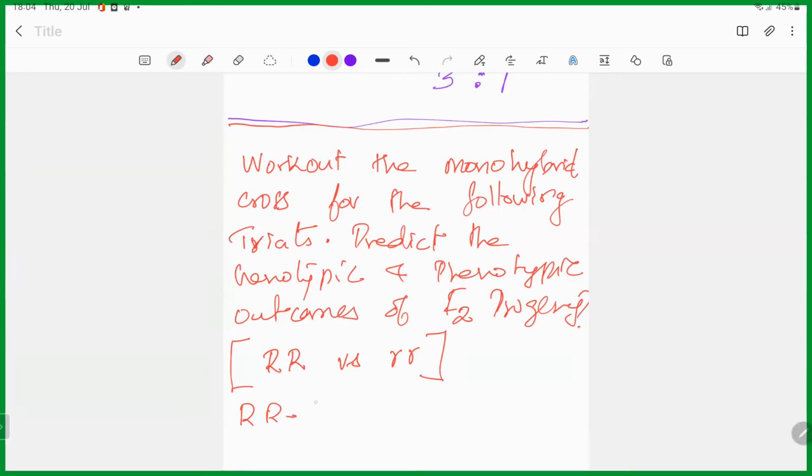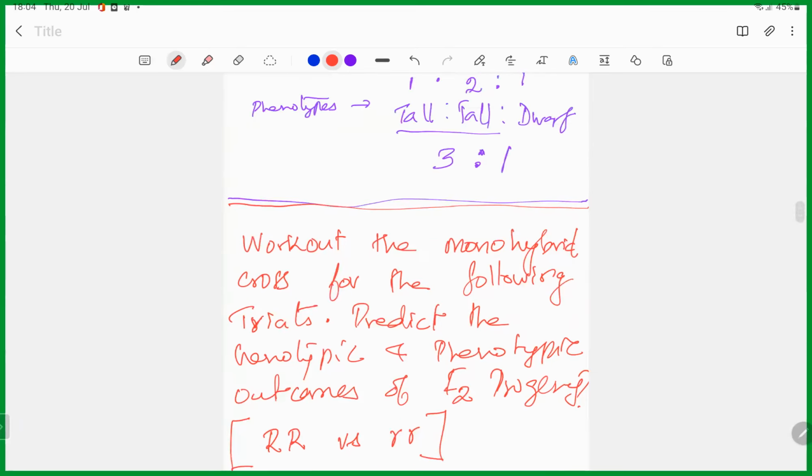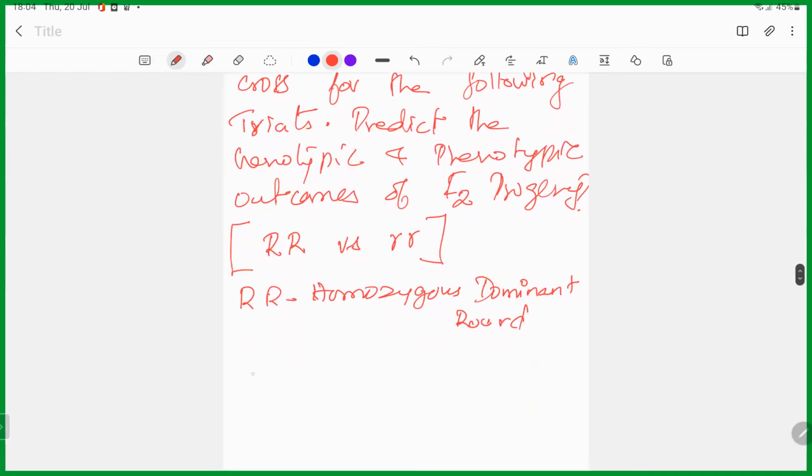Homozygous dominant round, and another one is homozygous recessive wrinkled.